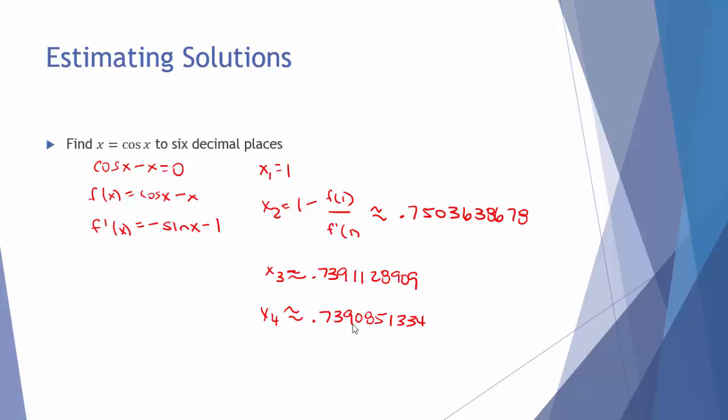Notice these only have 4 decimal places of agreement when you round on the x sub 4. So let me go out to x sub 5. Once I do that, I do have agreement definitely out to 6 decimal places. We actually have it out a little bit further. But if we want this approximated to 6 decimal places, we're looking at about 0.739085. And that's our answer for this one.